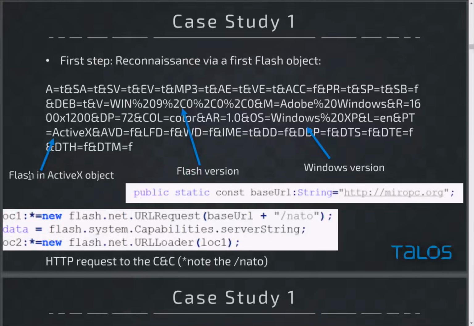Another thing, the attackers get the Flash version. So they are able to provide an exploit that matches perfectly the Flash version of the target. And last thing, the Windows version. So they can have an exploit that matches exactly the Windows version. So the first step of this Flash object is simply to send data from the infected machine.